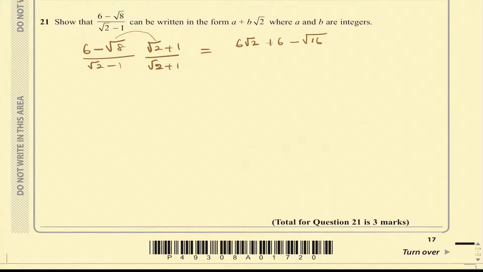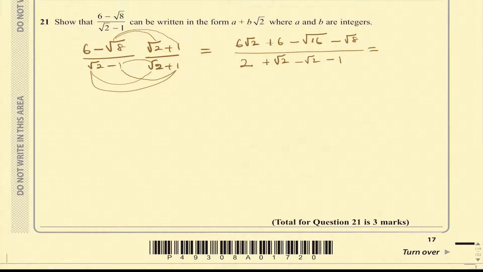Minus root 8 times 1 will be minus root 8. Root 2 times root 2 will be 2. Root 2 times 1 will be plus root 2, minus 1 times root 2 is minus root 2, minus 1 times 1 is minus 1.